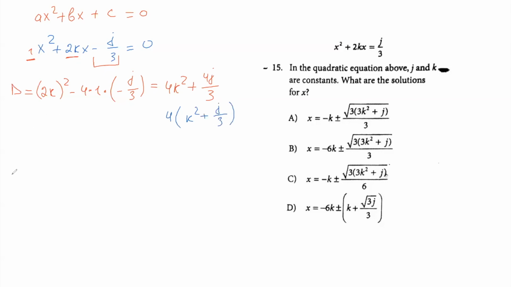Okay, let's use a formula. x1 and x2 is minus b plus minus square root of discriminant divided by 2a. a is 1. Okay, that will be what? If we write them separately, we can do this.